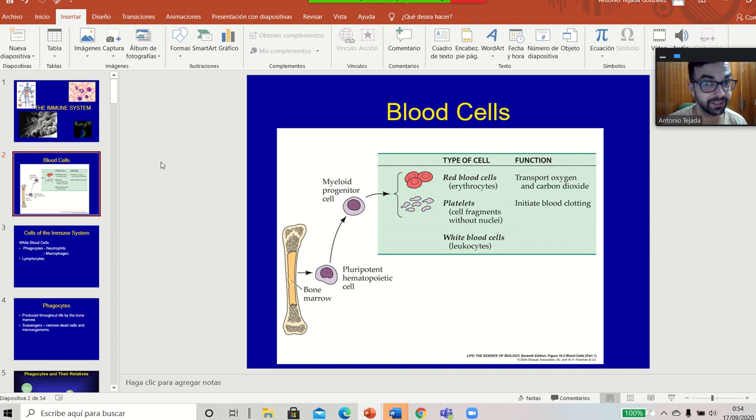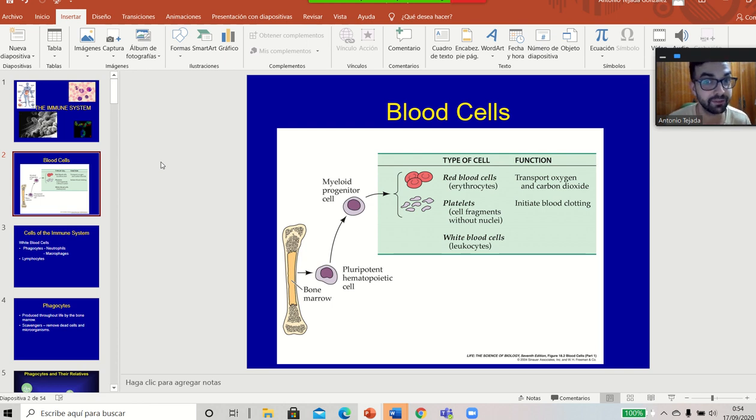Red blood cells are in charge of transporting oxygen and carbon dioxide from the lungs to the tissues and the cells, and vice versa. The platelets, they initiate blood clotting. So I would give an example in this case.